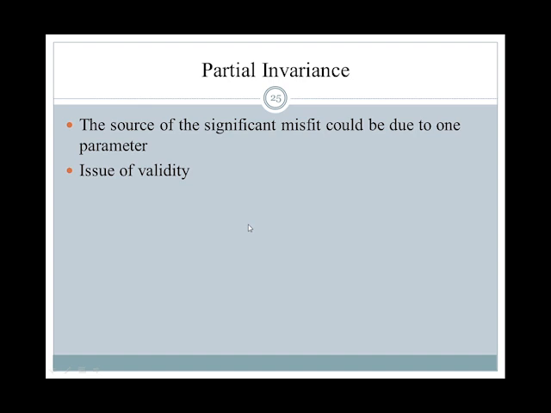But let's say we do find that we have an item that is not invariant, so what do we do? I kind of went over this earlier in the talk, but there's debate about what to do because, like with anything, it depends. If we have a 20-item scale and one item is non-invariant, to me, that's fine. And it's still valid to compare group differences on the construct of interest.